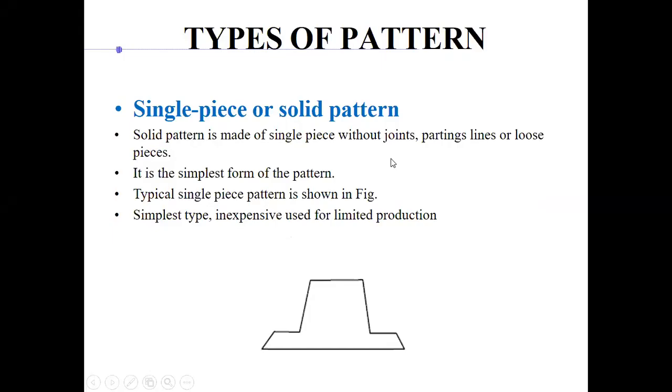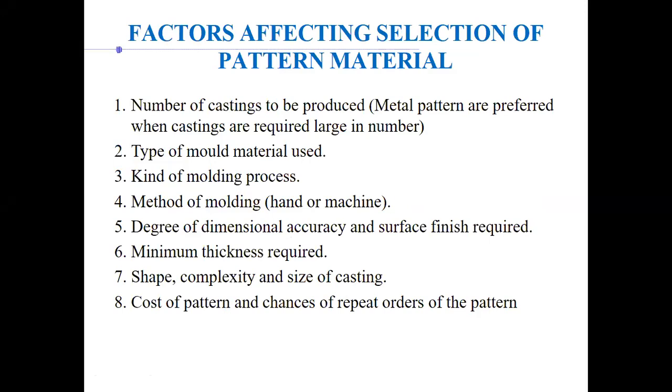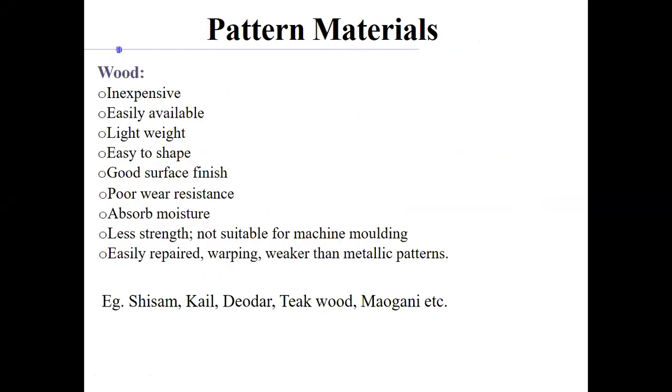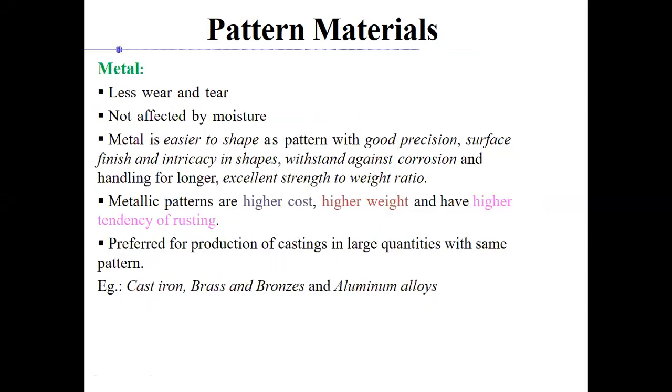Okay, so we ended here in the last class, as I remember. We had started looking at the types of patterns. We looked at the materials of patterns, just a quick revision: the pattern materials, their advantages and limitations, and examples of those types.